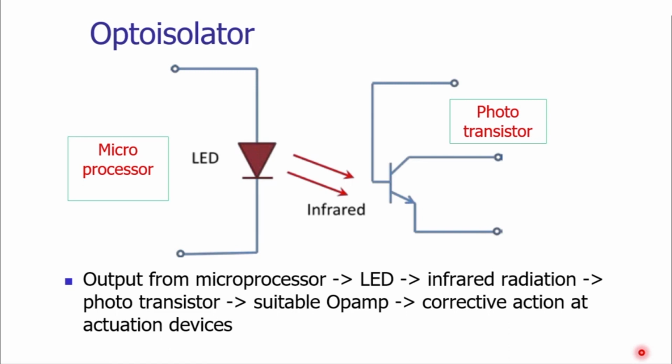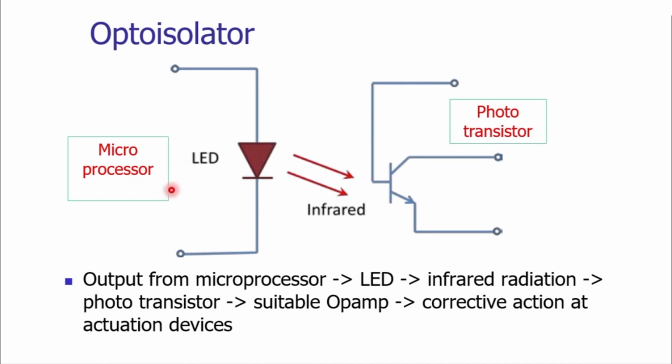The next protection device is the opto-isolator. As the name indicates, it carries out the function of isolation. Isolation of what? Isolation of the microprocessor circuitry from the harsh signals.